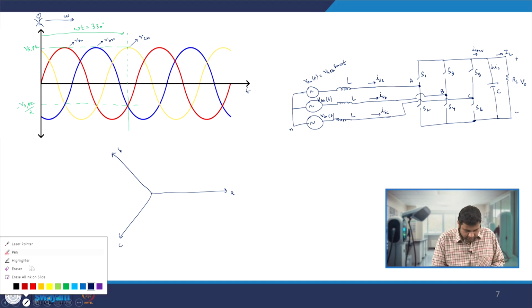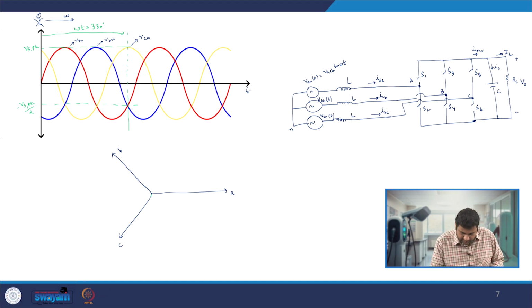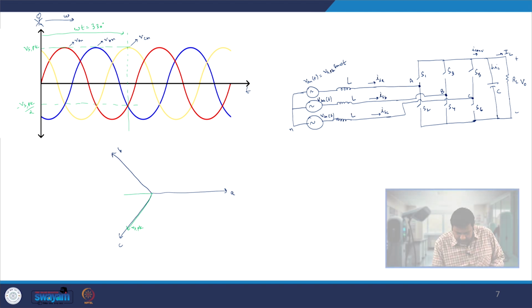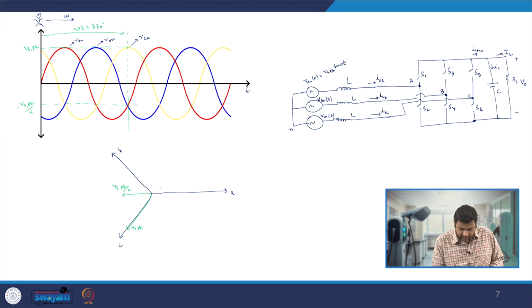So let us try to draw the resultant. You are applying Vs peak along phase C, and Vs peak by 2 in the direction opposite to phase A, and Vs peak by 2 from the B phase.